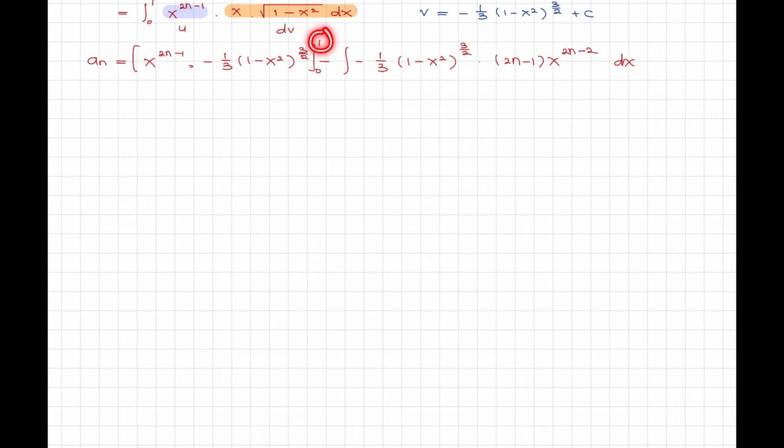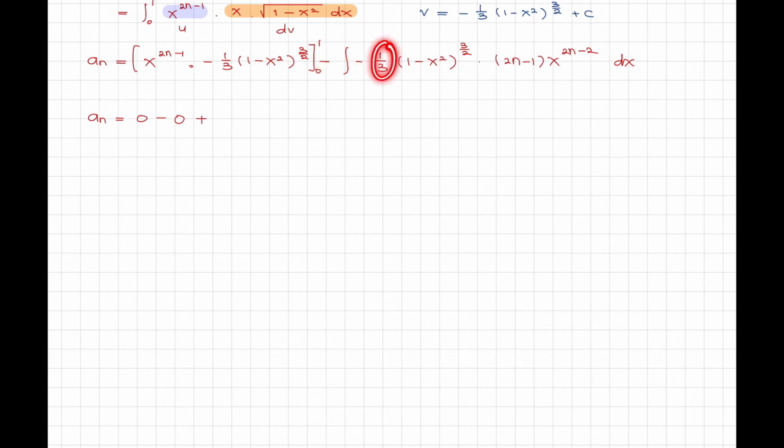When you substitute 1, 1 minus 1 is equal to 0, 0 times blah blah blah, once again it will equal 0. And then if you substitute the lower limit, which is 0, 0 to the power of 2n minus 1 is 0. 0 times blah blah blah is equal to 0. And then negative minus becomes plus.